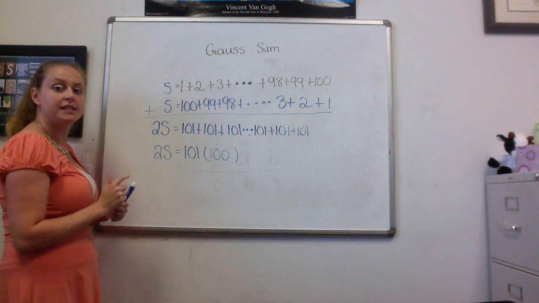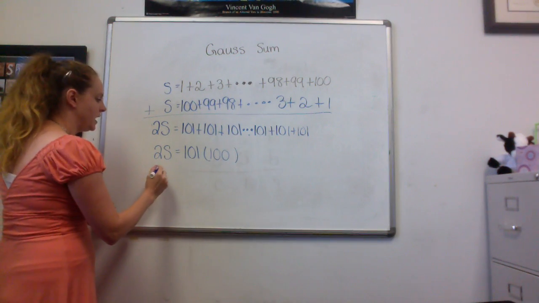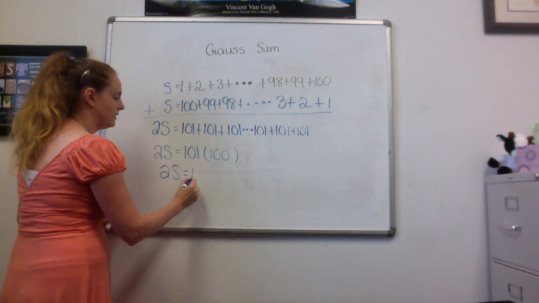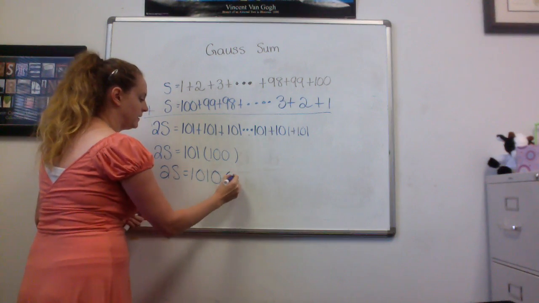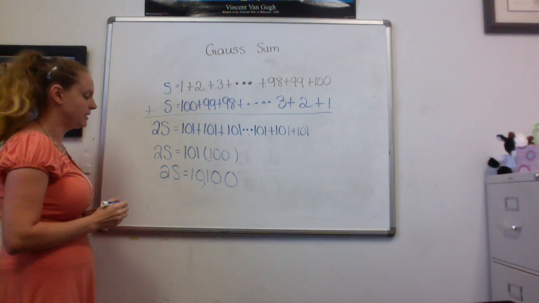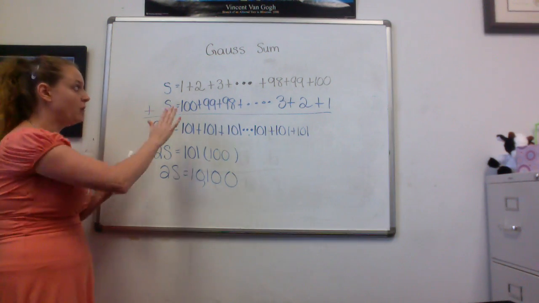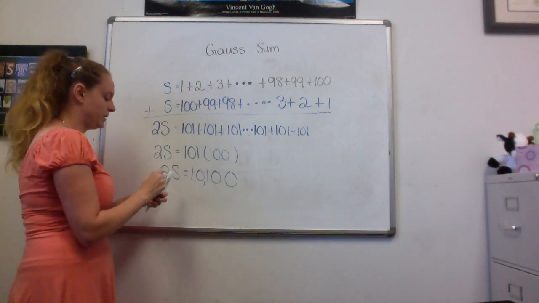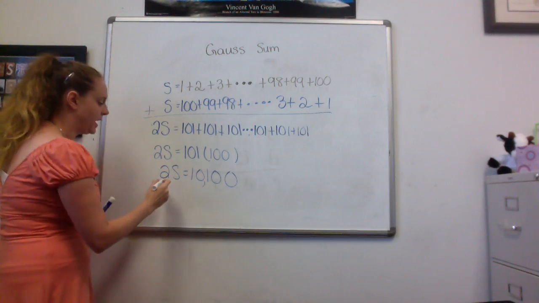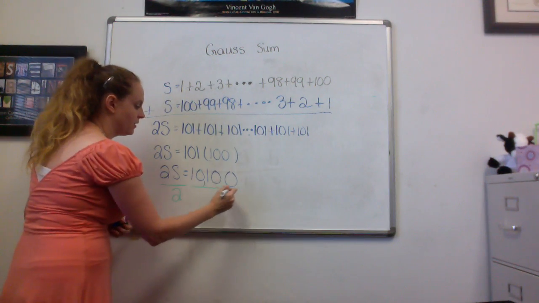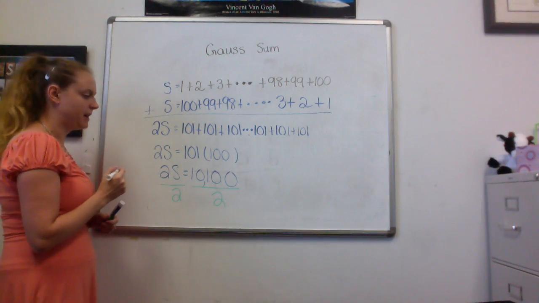So now I have a simple equation to solve. I have 2S is equal to 10,100. But I just wanted to know what S was, just my original sum. So I'm going to divide both of these by 2.